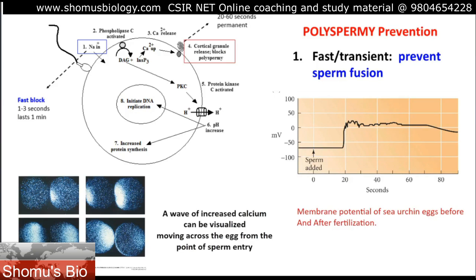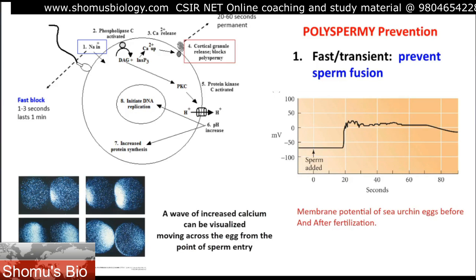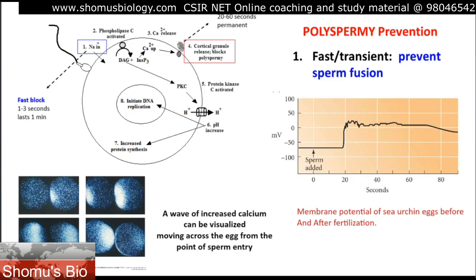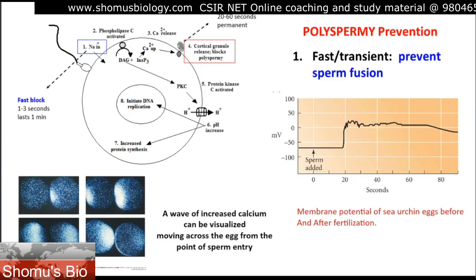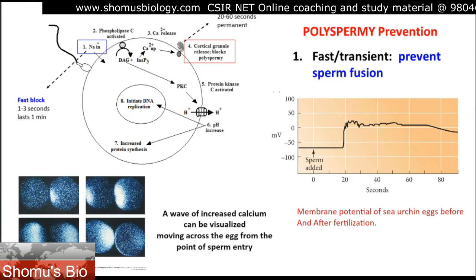They can at least attach to the egg surface and initiate the nucleus delivery, but it needs to be prevented. Now let's say this is the egg, one sperm, 2 sperm, 3 sperm are attached, and none of them has delivered the nucleus yet, so they can be allowed to attach and remain attached to the egg.